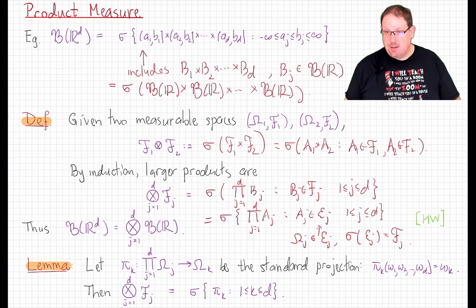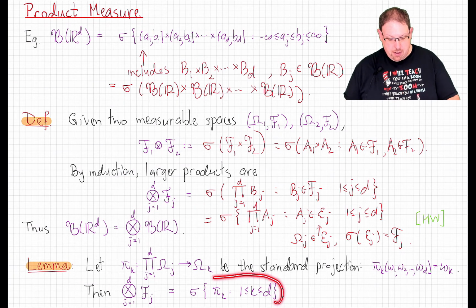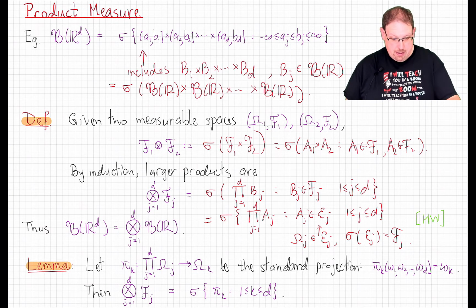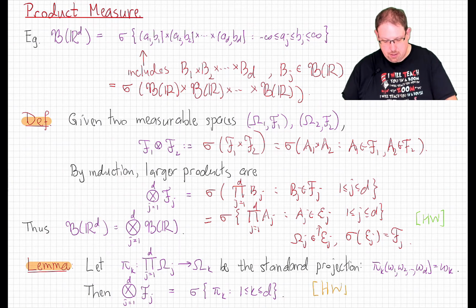In the finite setting where we're planning to use it, there's no doubt about their existence in anyone's mind. It is then a theorem that the product sigma field that we just defined can alternatively be characterized as the smallest sigma field over omega-1 product up to omega-d, with respect to which all d of those projections are measurable functions. And that is also on your homework.